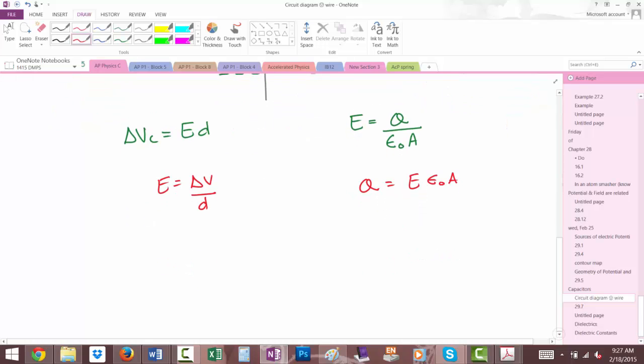So we can say the charge stored in a capacitor when it is fully charged is equal to epsilon naught A over D, I'm rearranging this a little bit for a good reason, times delta V sub C.